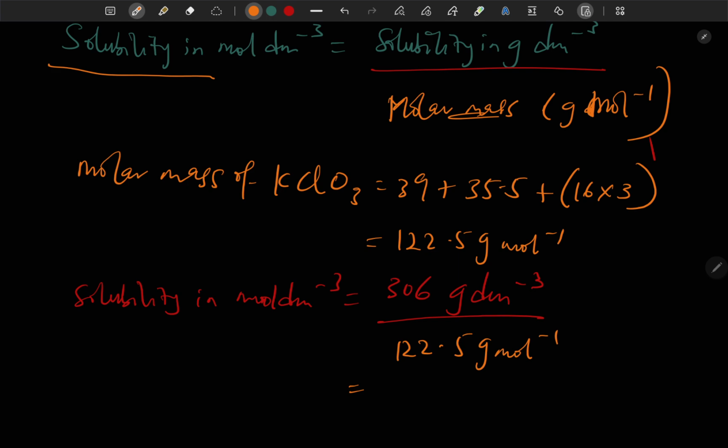So let's do that. 306 divided by 122.5, and that will give us 2.498 mole per dm³, because remember that we are looking for the solubility in mole per dm³.